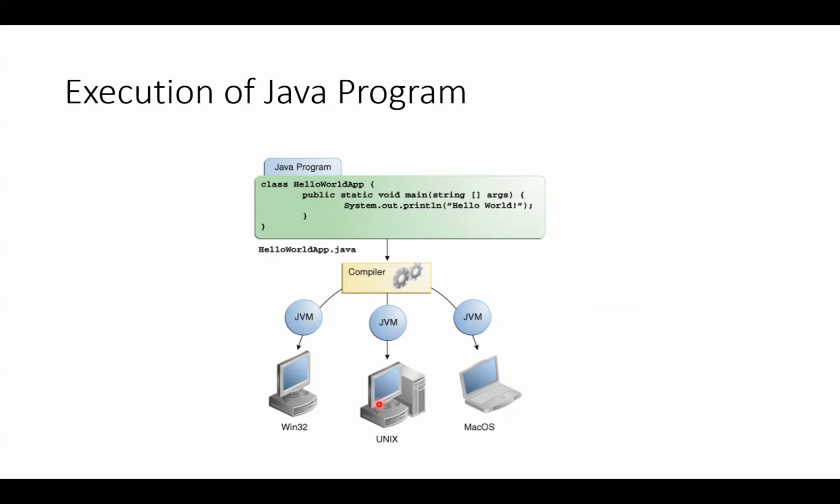What it says is that it is independent of the operating system once it is compiled. So your program, which is stored in the form of HelloWorldApp.java, would be given to the compiler. The compiler will create what format? Can anyone tell me? What format would be created once you compile?